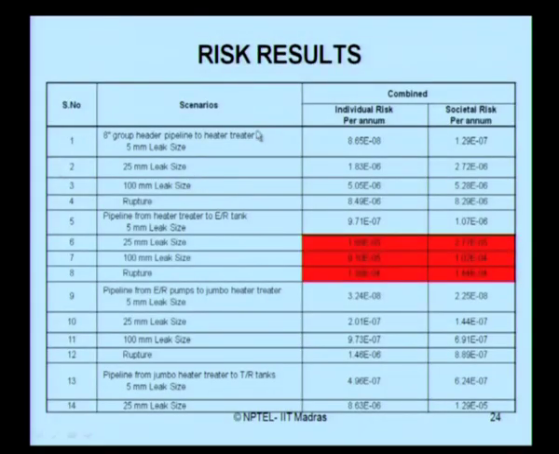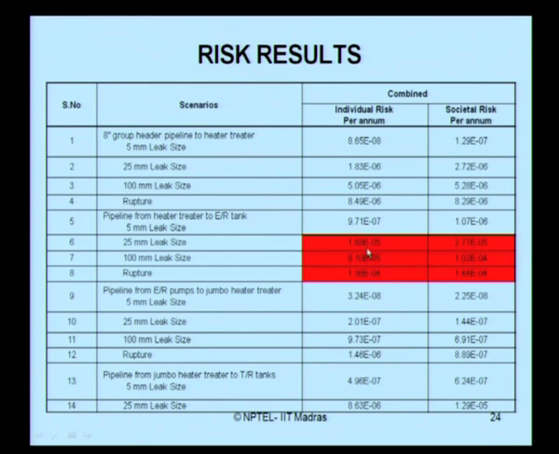For example, if you look at the pipeline segments A, B, C, D and so on for different scenarios, I see that the values of 10^-7 and 10^-6 are in a different region, whereas 10^-5 and 10^-4 fall in the red region, which is an unacceptable region. So, after I get the results, I summarize them for individual risk and societal risk. Then I check whether these numbers exceed the values given in the ALARP triangle.